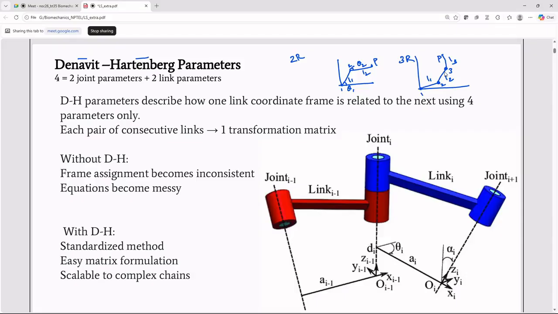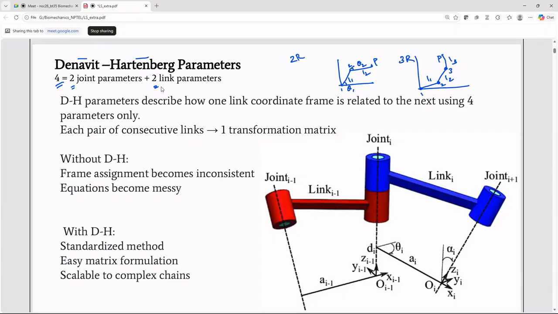To simplify this, Denavit and Hartenberg brought forward a new methodology of analyzing robot joints with a reduced number of parameters. They only use 4 parameters, that is, 2 joint parameters and 2 link parameters. Simply saying, they used only 2 angles and 2 lengths.